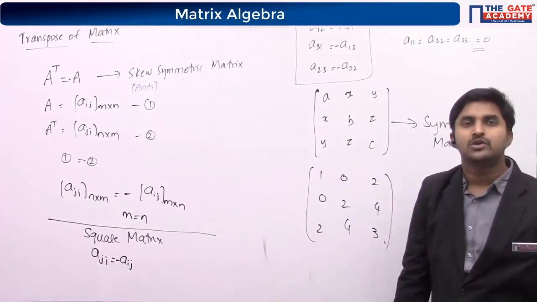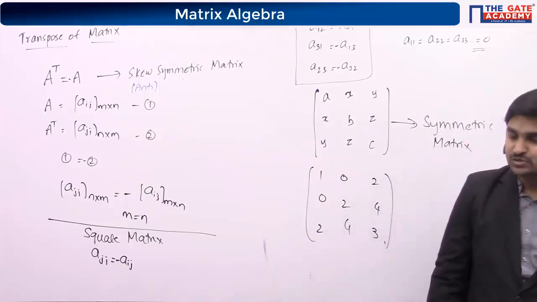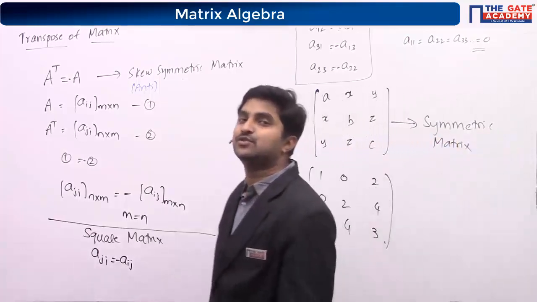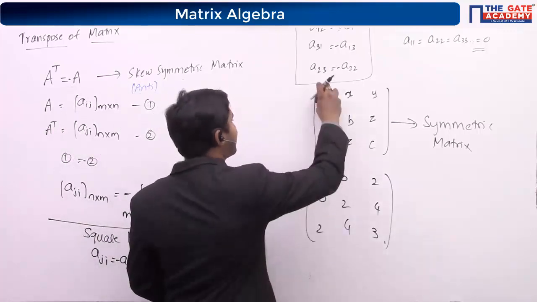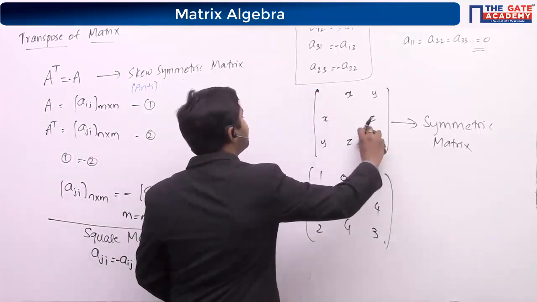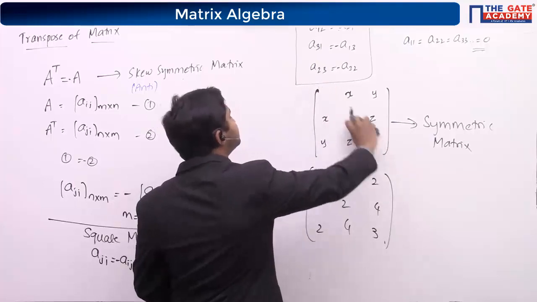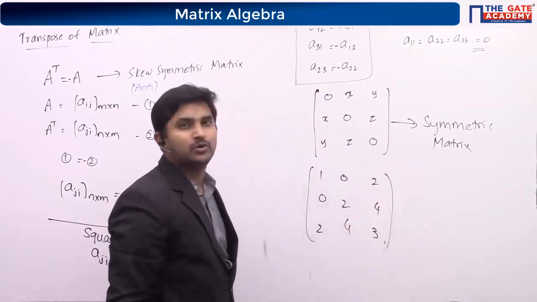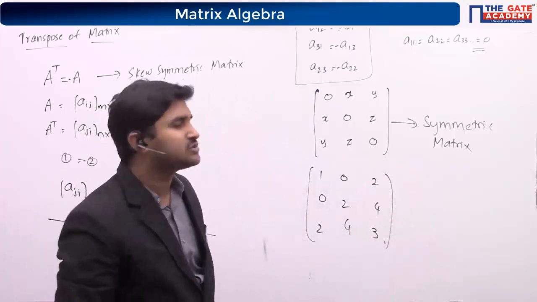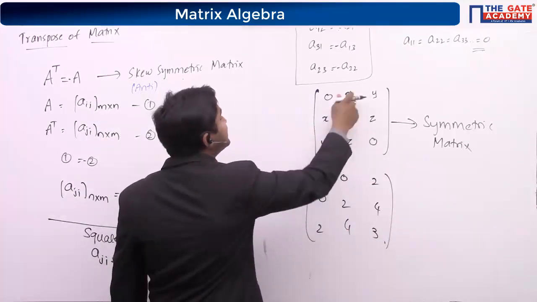That is how you are going to have a skew symmetric matrix. So the essential condition in the case of a skew symmetric matrix is that we do have a condition for the principal diagonal. The principal diagonal elements are going to be equal to zeros. Now what happens in the case of the other elements?